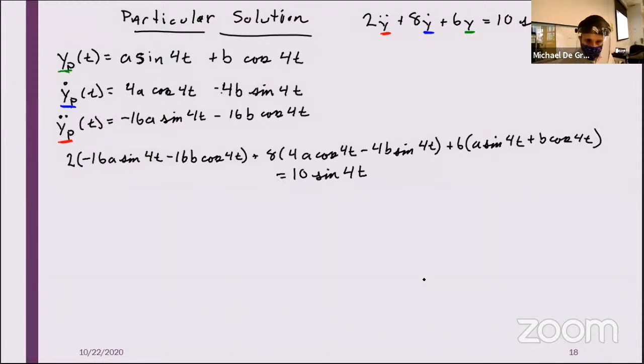Right? So all of my cosine 4t terms, right? So all of the coefficients of my cosine 4t terms, right?